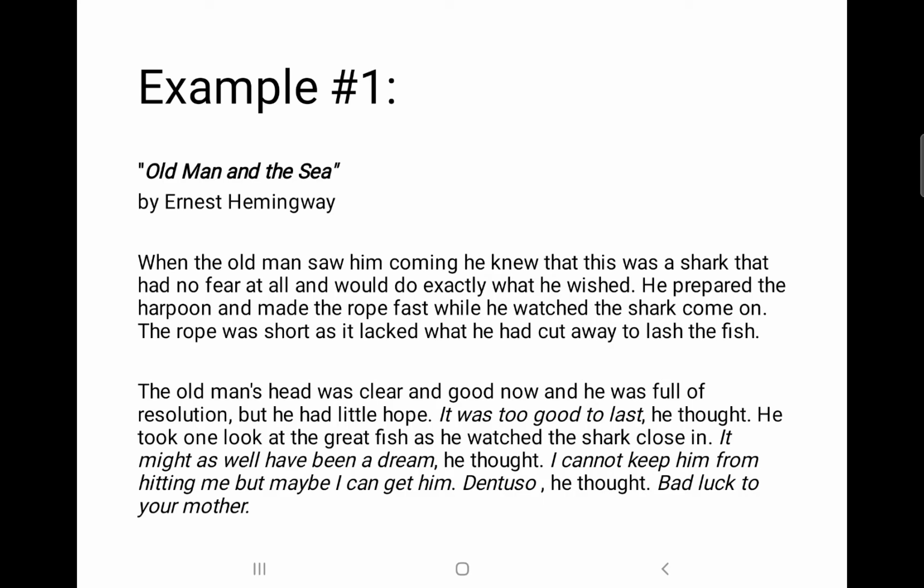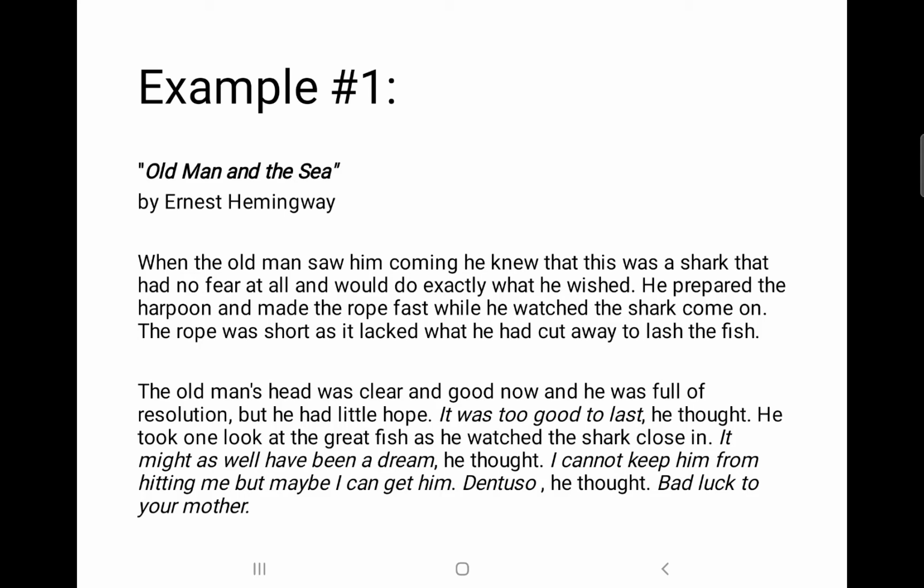This is an extract from the short story of Ernest Hemingway, which is The Old Man and the Sea. Let's read it. When the old man saw him coming, he knew that this was a shark that had no fear at all and would do exactly what he wished. He prepared the harpoon and made the rope fast while he watched the shark come on. The rope was short as it lacked what he had cut away to lash the fish.